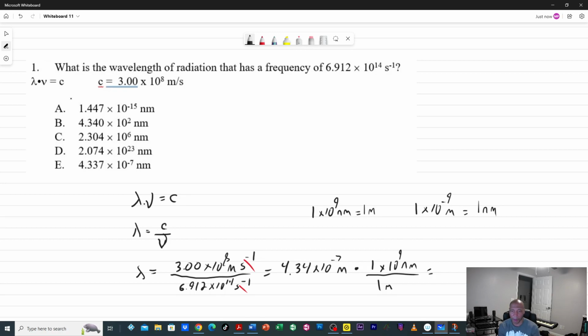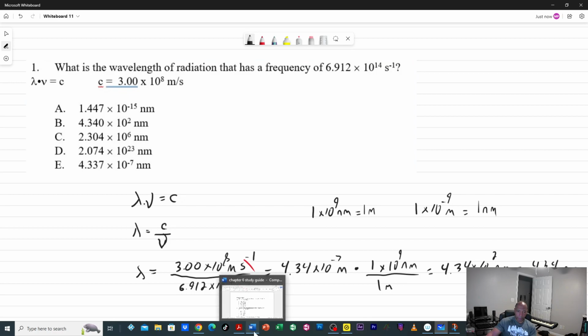It's obvious. 9 minus 7 is 2. So it's going to be 4.34 times 10 to the 2 nanometers, which is equal to 434 nanometers. I'm pretty sure that's violet light. So the answer there is B. All right, B.